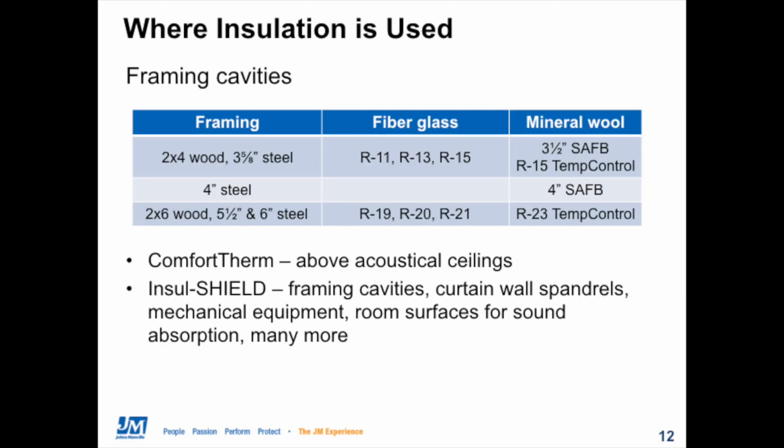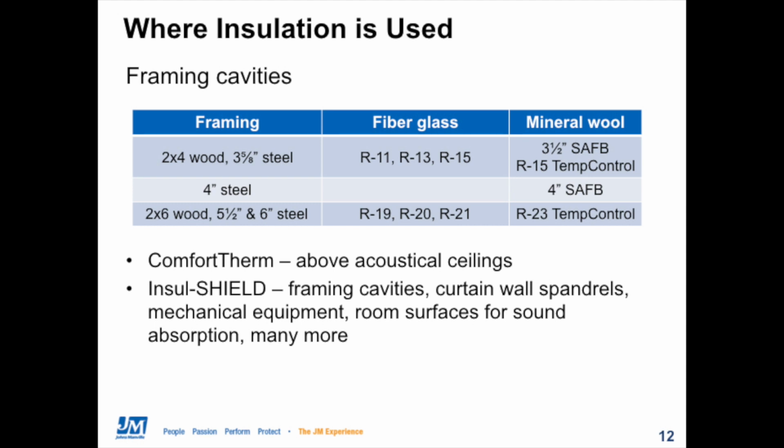So one of the main places that insulation is used is in framing cavities that are formed by walls and roofs and floors. So typically, we want insulation to fill these spaces completely to reduce the chance for heat or sound to find a path around the insulation. The table on the slide highlights some of the more common framing sizes in commercial construction and the corresponding fiberglass and mineral wool products that we would use in these applications.